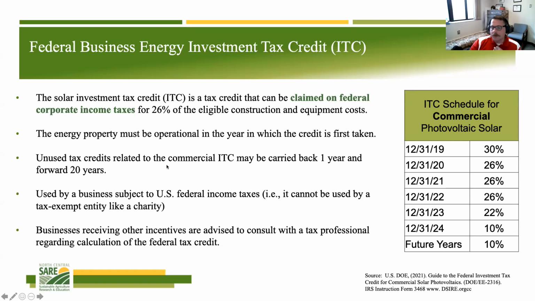Eric, I just want to repeat that because there was a question that came in asking if the ITC schedule is the same for residential. Essentially, yes, it is exactly the same until you get to the bottom number. If this was a residential system under future years, it would say 0. It means under the current schedule, if you install a solar array at your residence in 2025, your ITC tax credit would be 0.